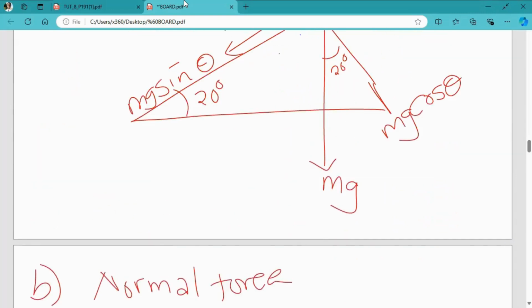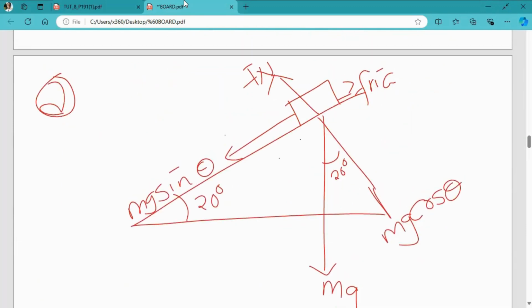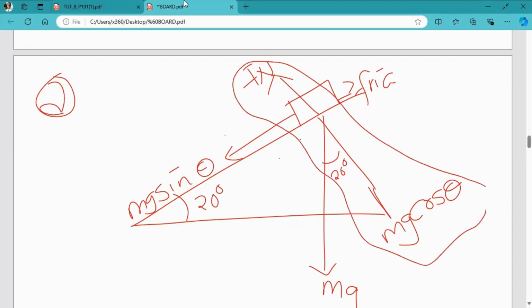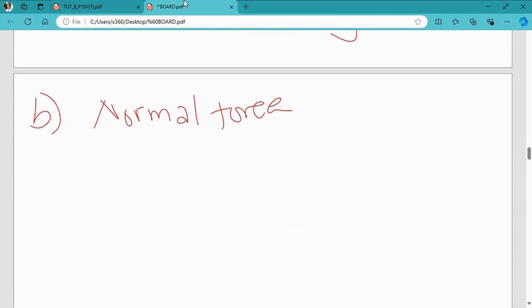So how are we going to calculate the normal force? We're going to look at the forces that are acting in the vertical component, that we've just resolved. And which forces are those? It's these guys here. So there's no acceleration in the vertical axis. So we're going to say summation of forces in the y is equal to what?